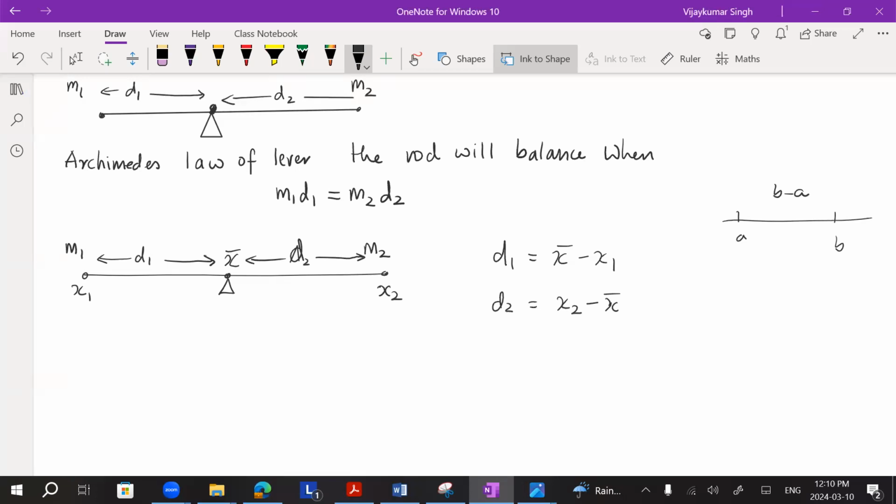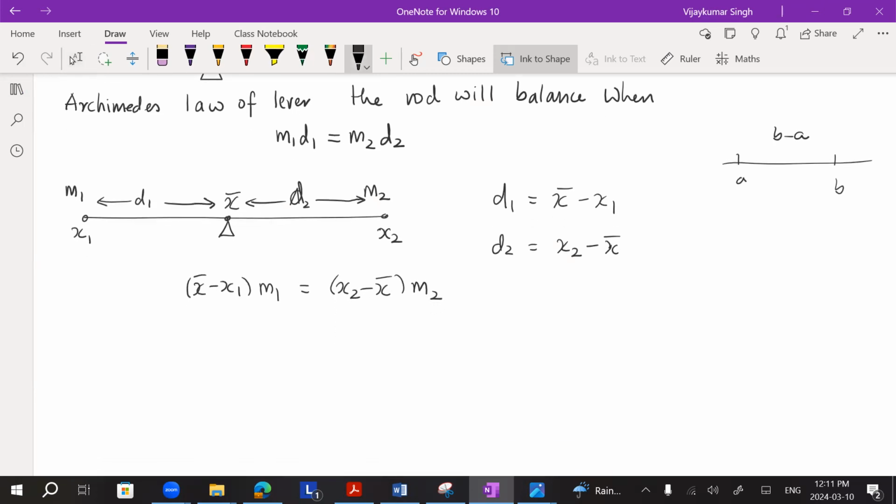So again, using the law of lever from above, we get x bar minus x1 times m1 is equal to x2 minus x bar times m2.